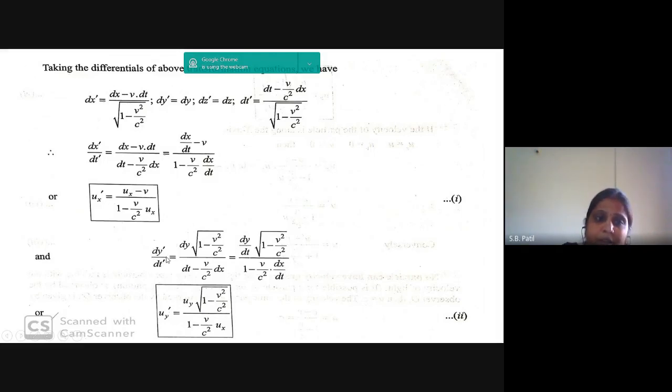In the same way, we find the value of dy prime by dt prime. dy prime is nothing but dy, and we substitute the value of dt prime as dt minus (v/c²) dx upon the square root of 1 minus v²/c². So we got dy into the square root of 1 minus v²/c² upon dt minus (v/c²) dx. Here we divide the numerator and denominator by dt.